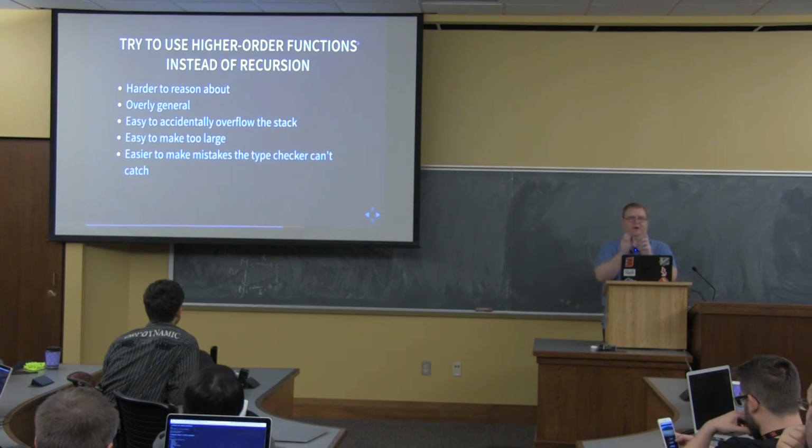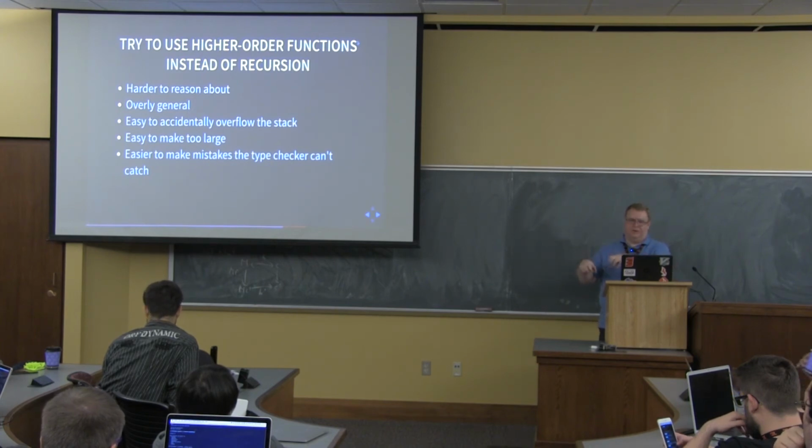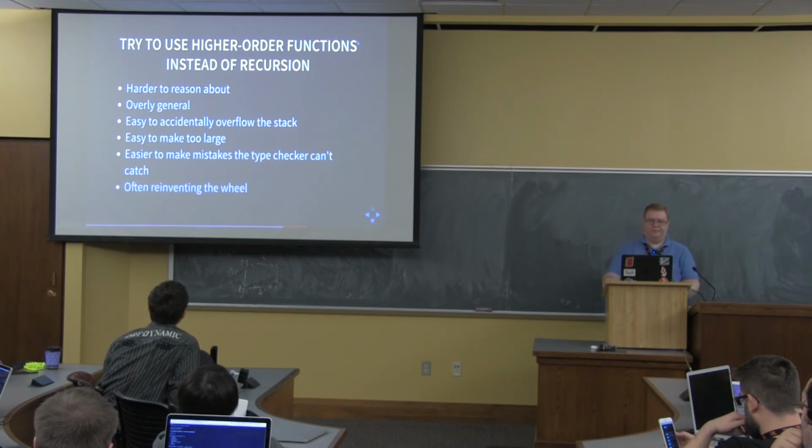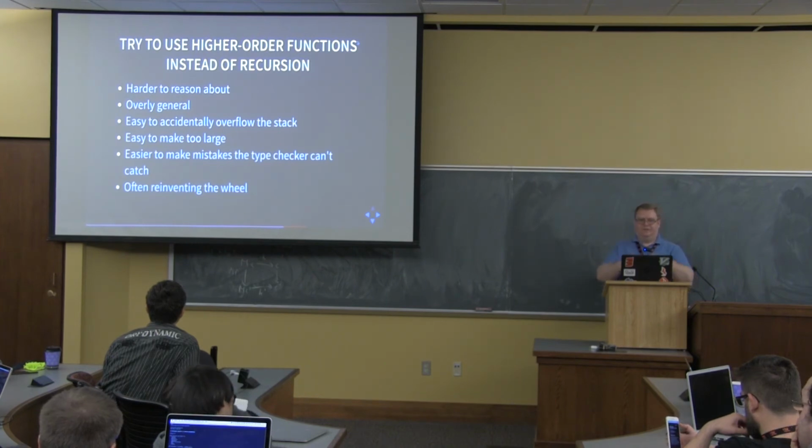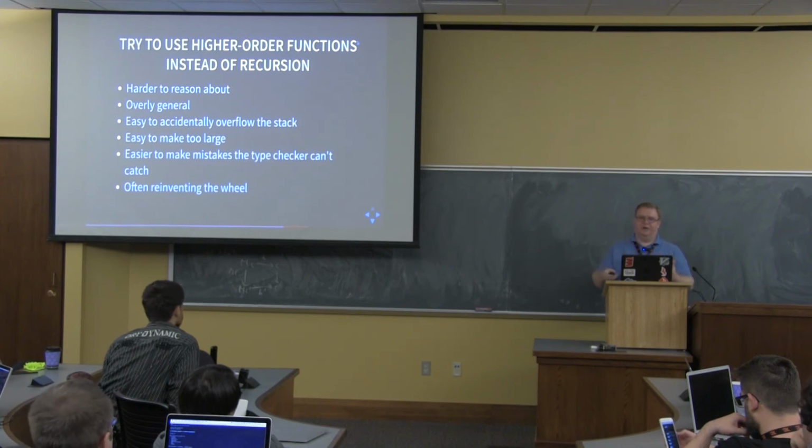When you already have higher order functions that have very precise type semantics, you get a lot more help from your type checker, people have already debugged these functions for you, and you have a lot less work to do yourself. And you're often reinventing the wheel. I've seen people on Stack Overflow write recursive functions that basically do a filter, or a filter in combination with something, and you're just making it harder on yourself.